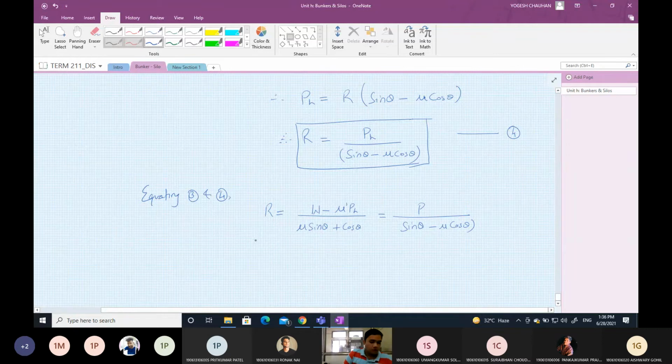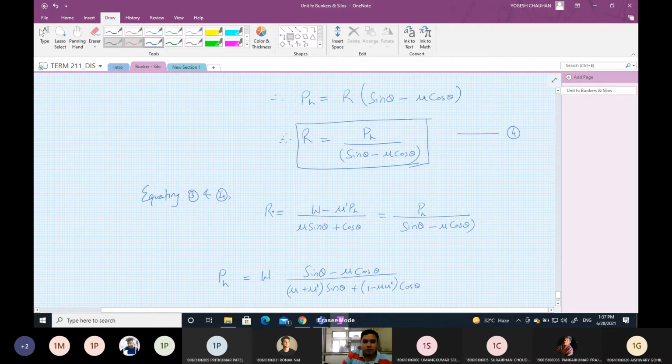So simplifying, taking the terms containing pH on one side, you will get pH equals W times sin theta minus mu cos theta whole divided by mu plus mu dash sin theta plus 1 minus mu dash cos theta.